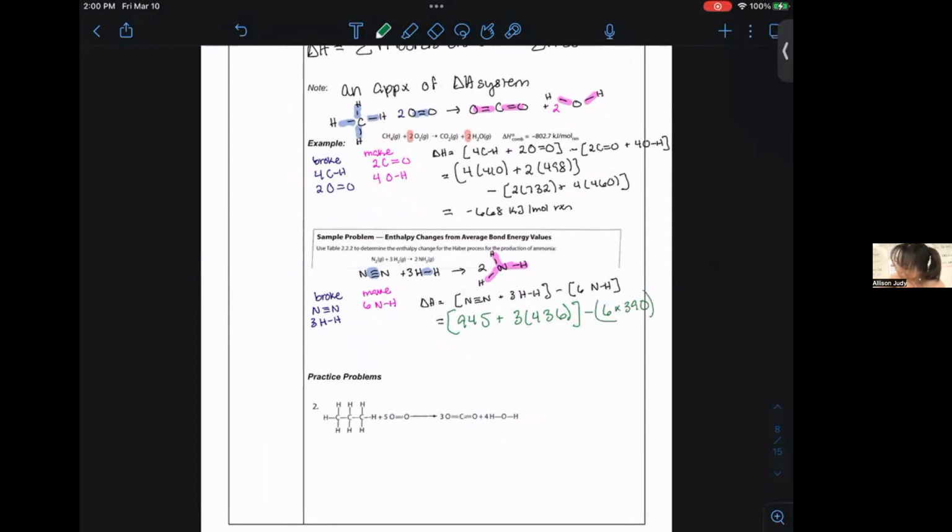And what did you get for your total approximation? Negative 87? Yeah. Okay, negative 87 kilojoules per mole of reaction.